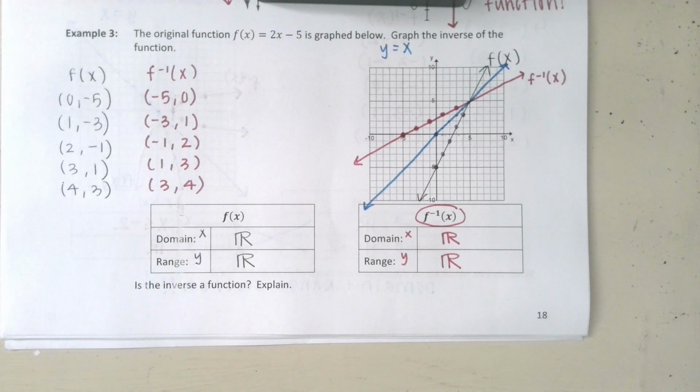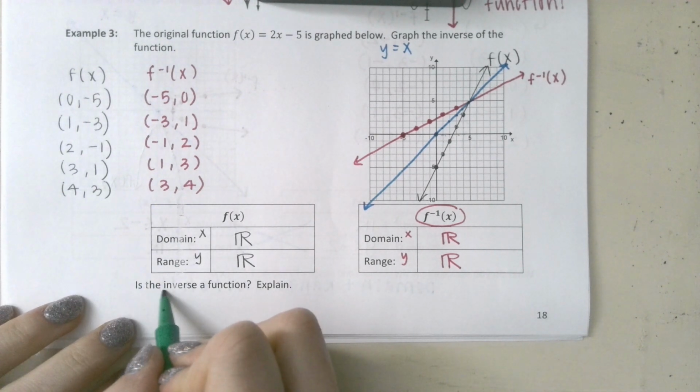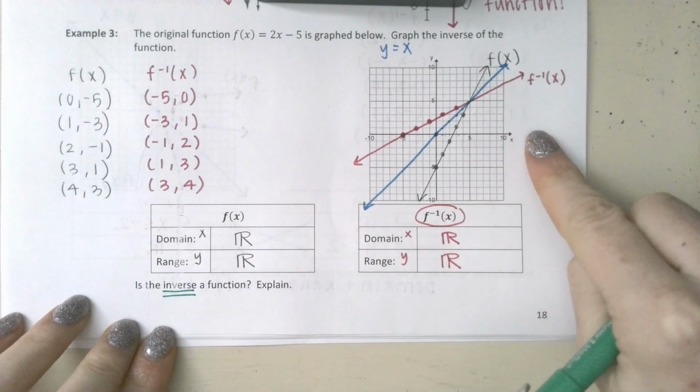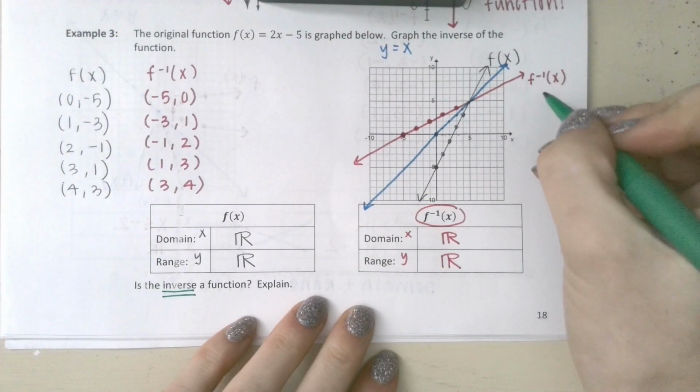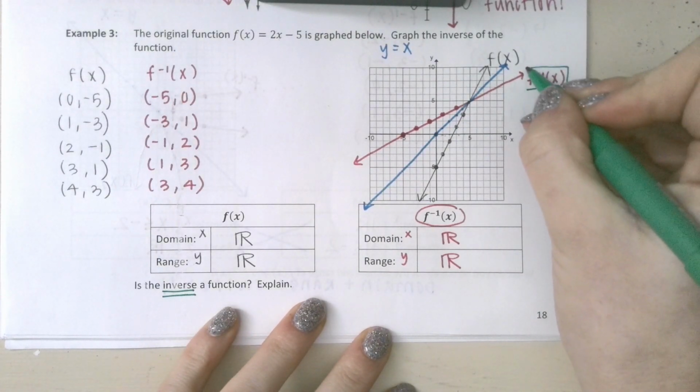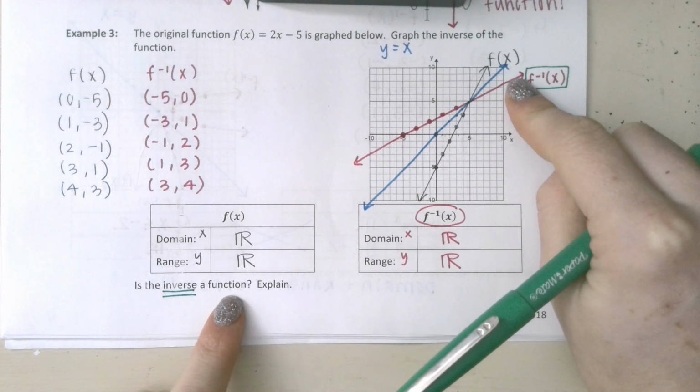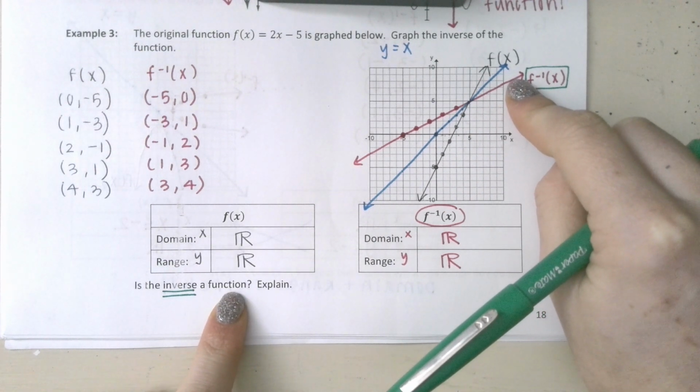Okay, and the last part here says, is the inverse a function? So I'm checking to see if the inverse here is a function. So when I'm looking at my graph, I know there's a lot happening. I really want to be focusing on this inverse. I'm focusing on the pink line here. To determine if it's a function, we're going to use our vertical line test.